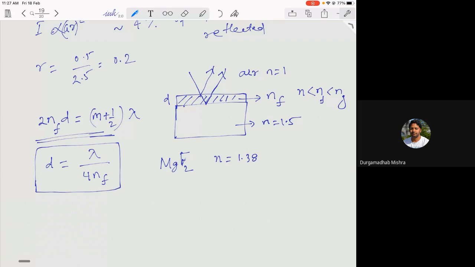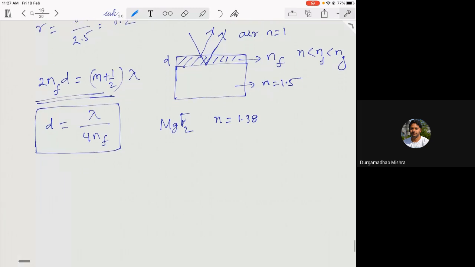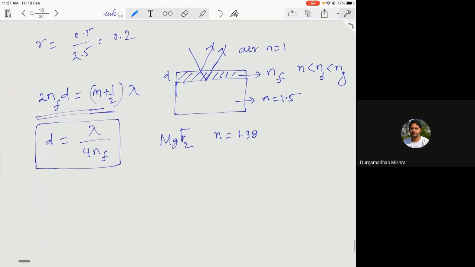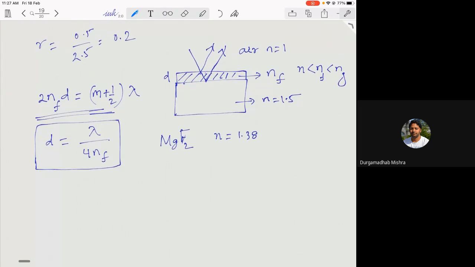So now let's look at how we can obtain this condition by solving Maxwell's equations. We will be using some mathematics here, and I will also skip some of the steps.